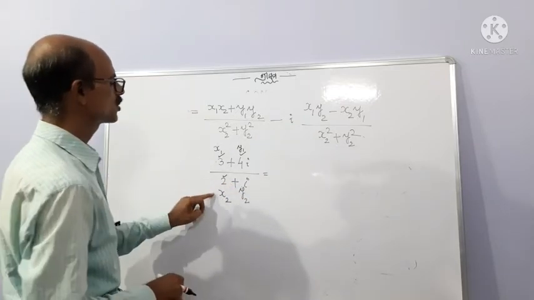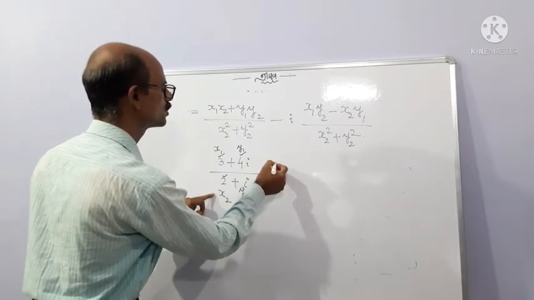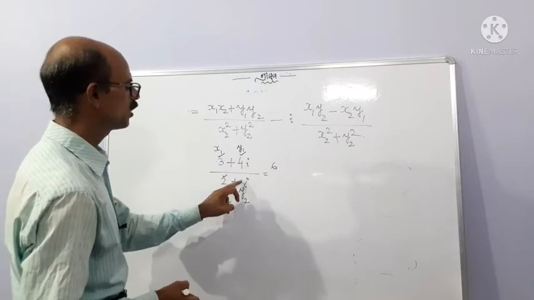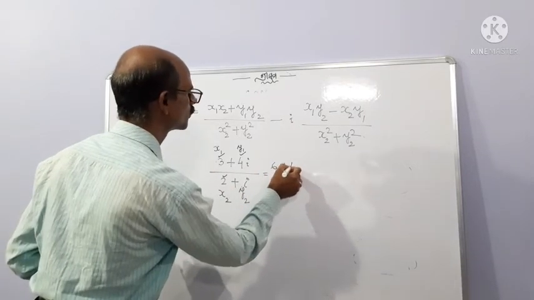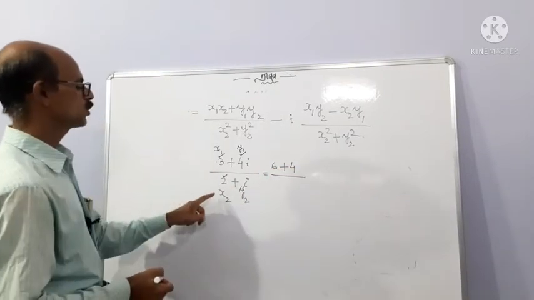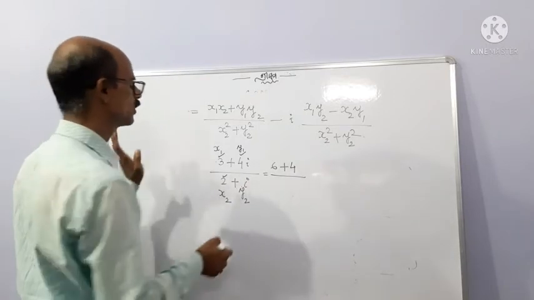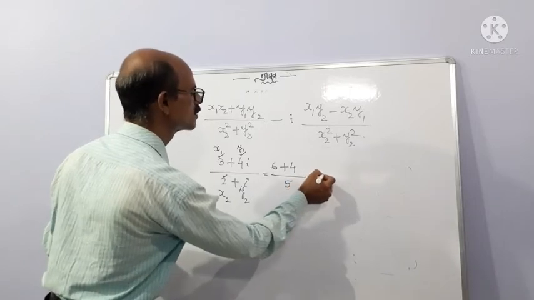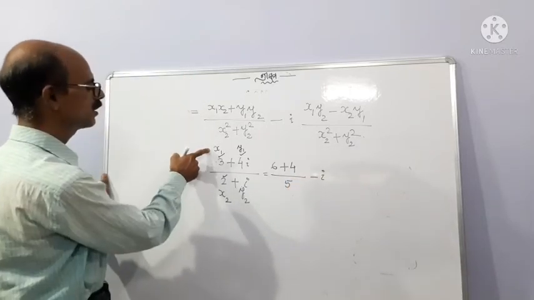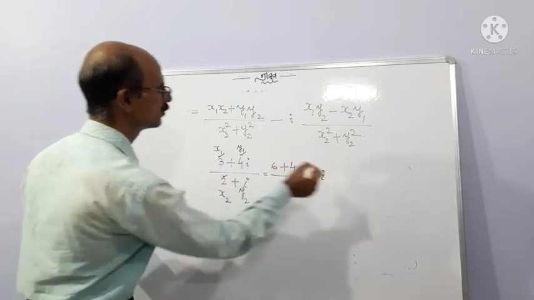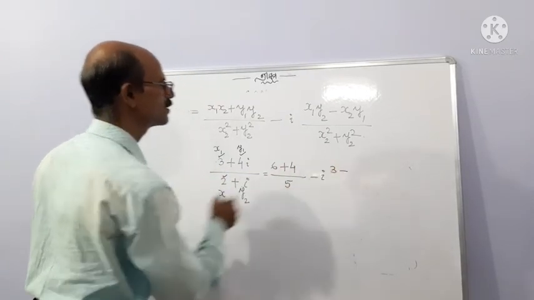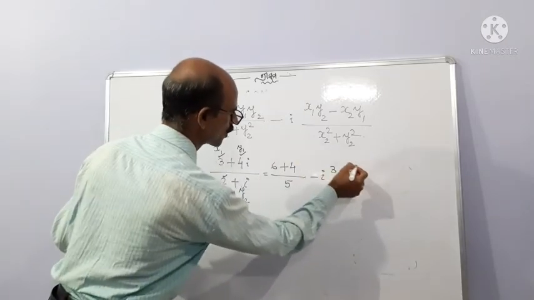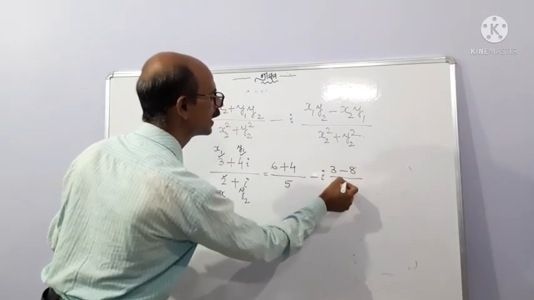So x1 x2 is 3 into 2, 6, plus y1 y2, 4 into 1, 4, then x2 square plus y2 square will be 5, minus i into (x1 y2, 3 into 1, 3, minus x2 y1, 2 into 4), by again 5.